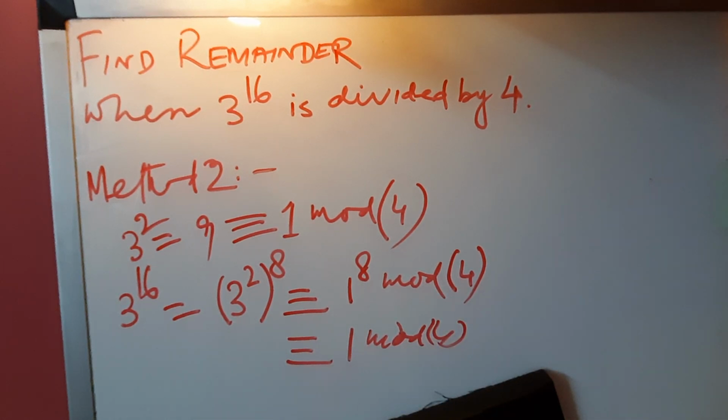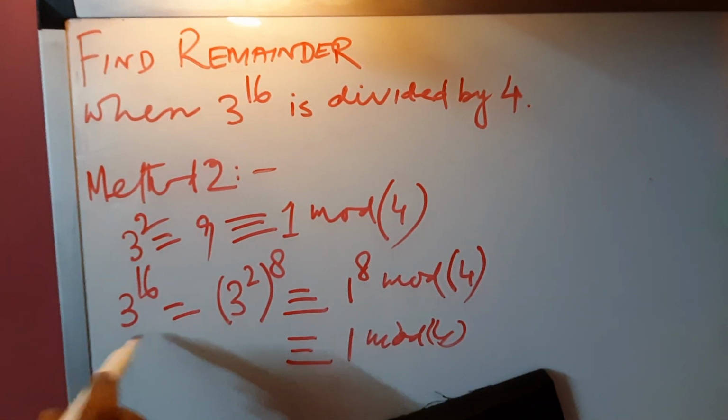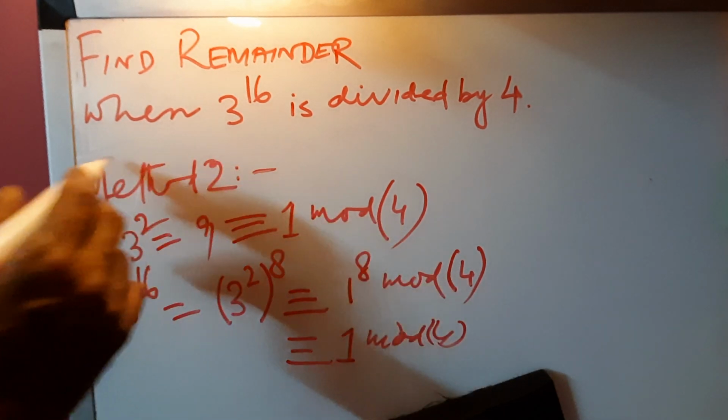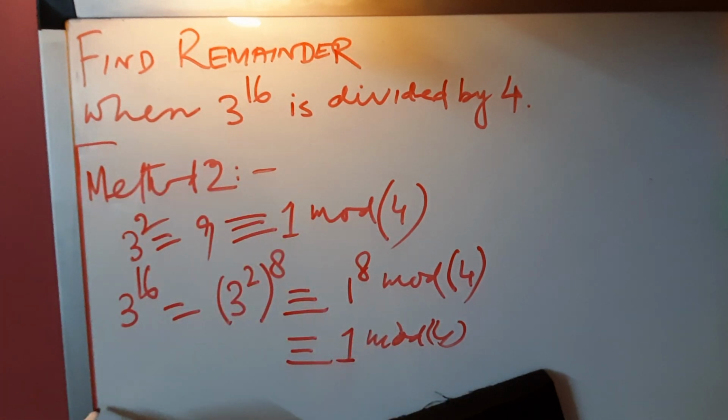So when 3 to the power 16 is divided by 4, you will get the remainder value 1, correct? This is the most mathematical process.